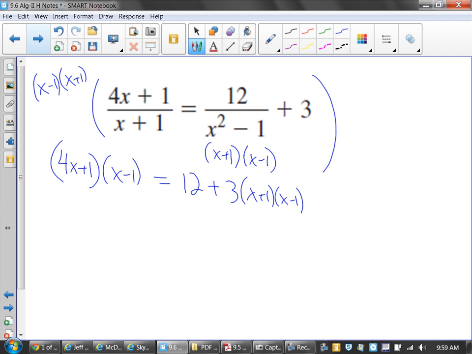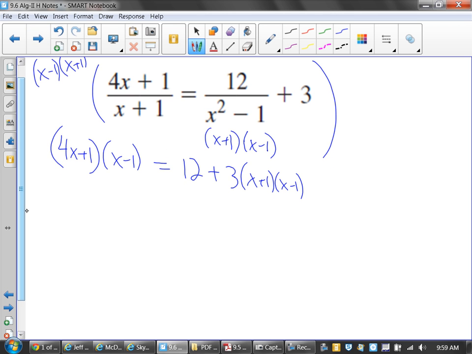In order to now solve this for x, we have to do some foiling and some combining of like terms. If I FOIL the left side, I get 4x squared minus 4x plus x minus 1.